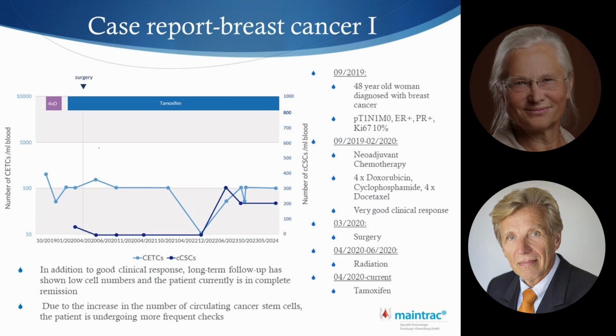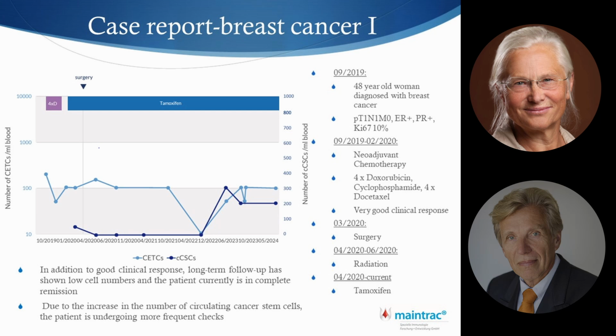In the first case with the patient with the breast cancer, the question is, why was it chosen to check for Stemtrac or for circulating cancer stem cells at that point? Why was it chosen to look for stem cells? Yes, because we assumed that tamoxifen might be able to silence the stem cells.